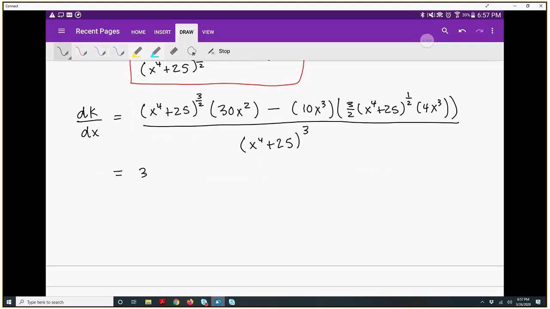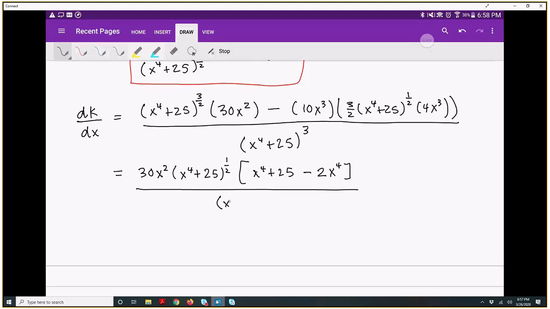It looks like I can factor out 30x squared times x to the power 4 plus 25 whole to the power 1/2. So that leaves me inside with just one copy of x to the power 4 plus 25 from the first place, and then from the second one the coefficient will be 4 divided by 2, so minus 2, and then I have 4 copies of x. So minus 2x to the power 4, that whole thing over x to the power 4 plus 25 cubed.